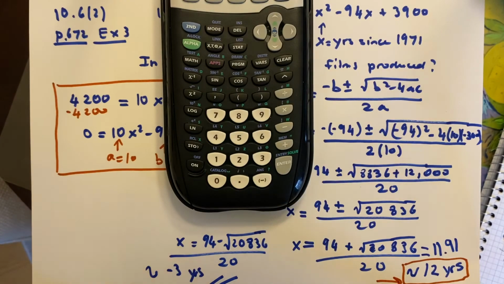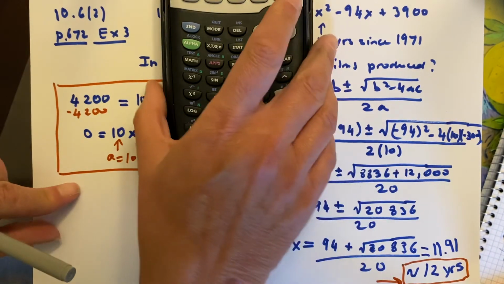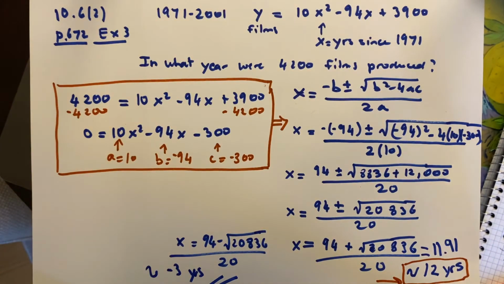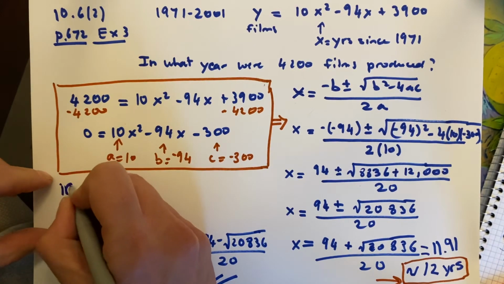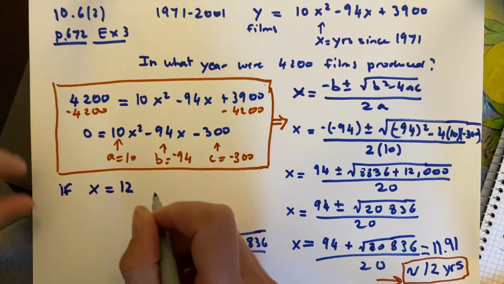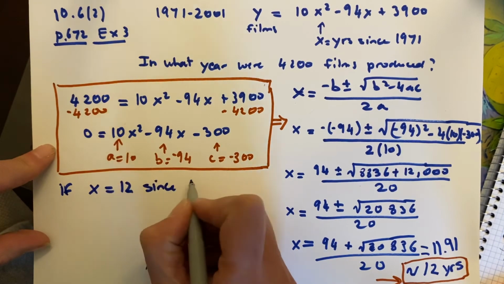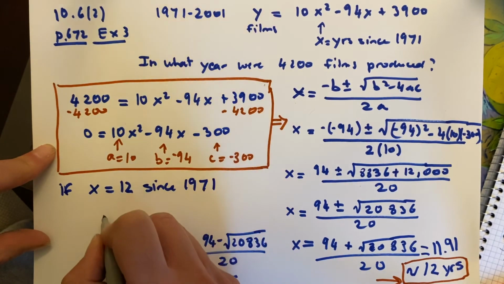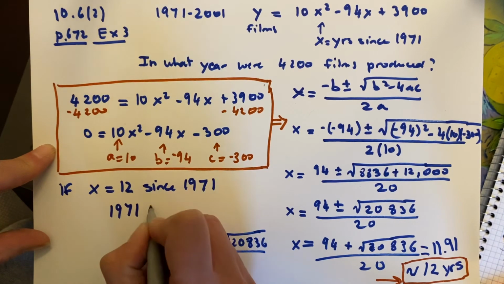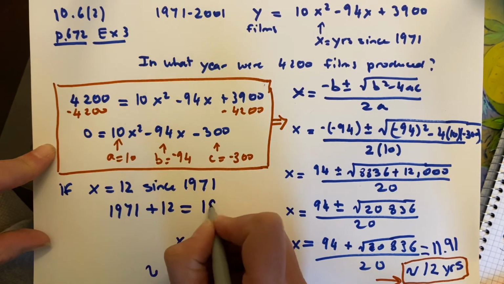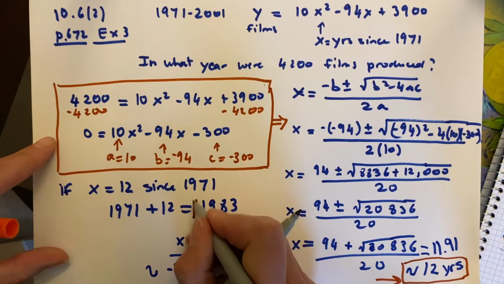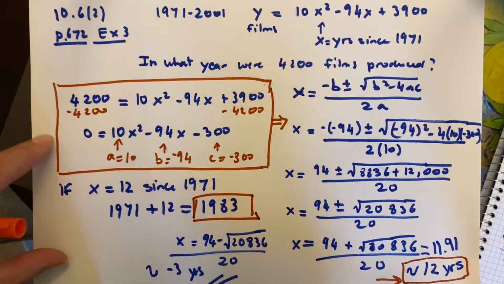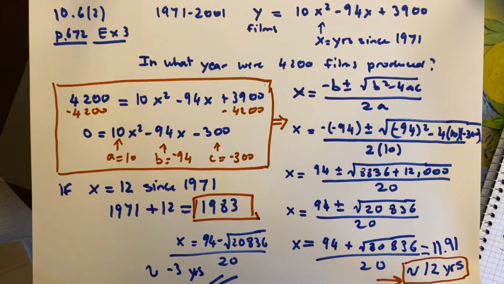Now we're not quite done, because they said in what year, and we can't just answer x equals 12. So if x equals 12 since 1971, 1971 plus 12 is 1983, and that is the year where 4,200 films were produced.